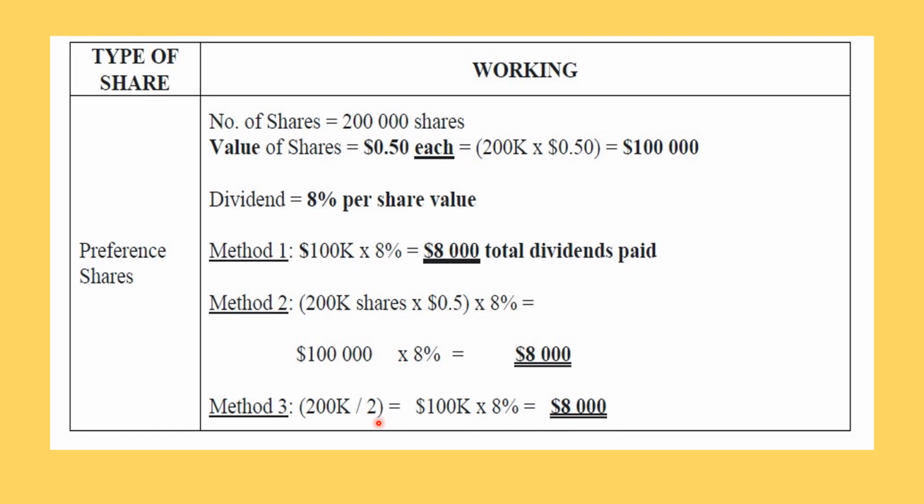Okay, right? 200,000 divided by 2, because 50 cents is half of a dollar. That's where you get the 2 from. And then you multiply that by 8%, you will get 8,000 again. Now, like I said, this method would not work all the time. It worked for this problem because the 50 cents is half of a dollar, and it was acceptable for your answer for CSEC.